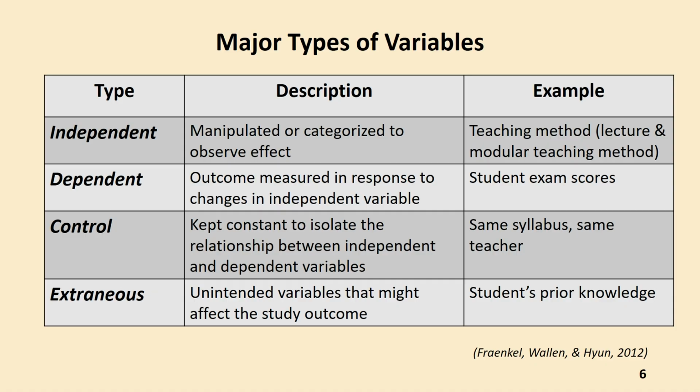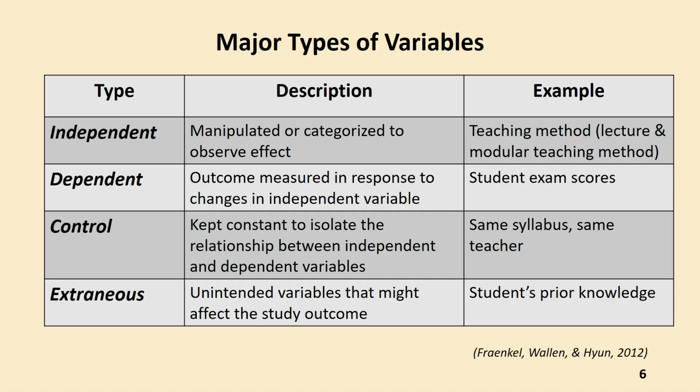We can see one example here: teaching method. In any research where we are looking at the effectiveness of a certain teaching method over achievement, over interest, over motivation, teaching method plays the role of independent variable. Lecture method, modular teaching method.